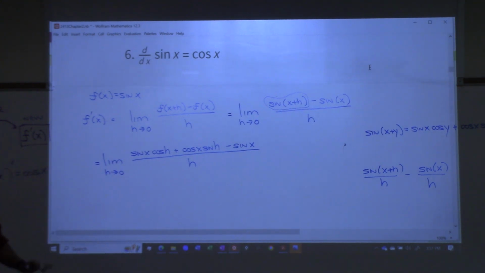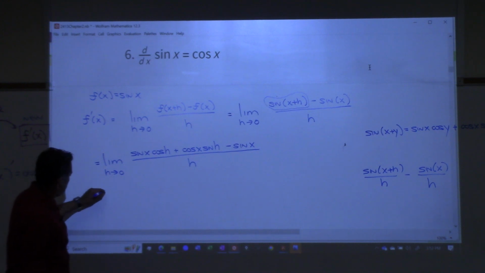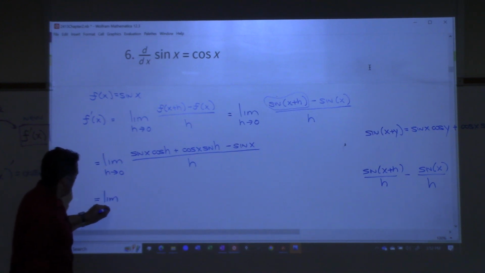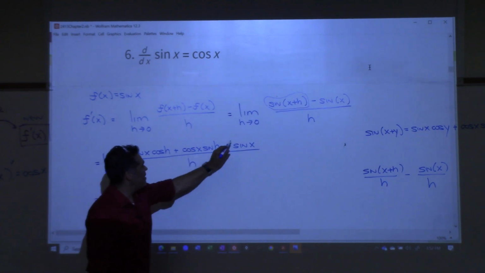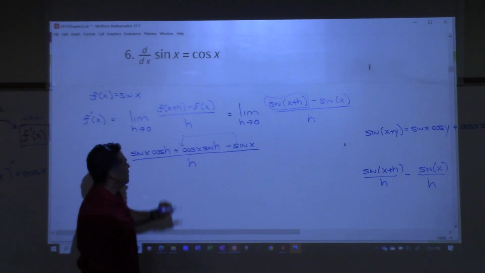And when you look at that, you should actually not be very happy because we didn't really do a whole lot other than make it look worse, right? But watch my next move. Because this is being added and subtracted, I'm just going to move this guy right here.